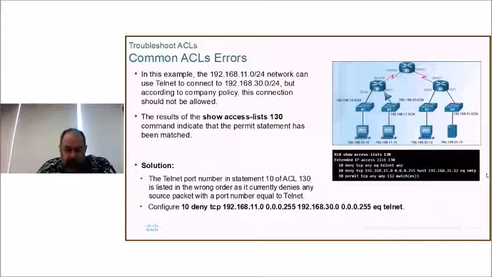Now, from their solution, I think they're actually talking about going towards a telnet server. So basically, this is blocking traffic in the wrong direction. They want the destination to be a telnet server, not the source. So that's what they've gotten wrong.